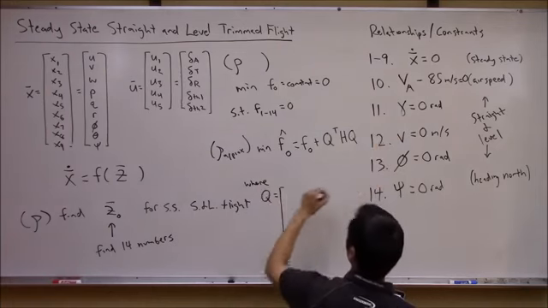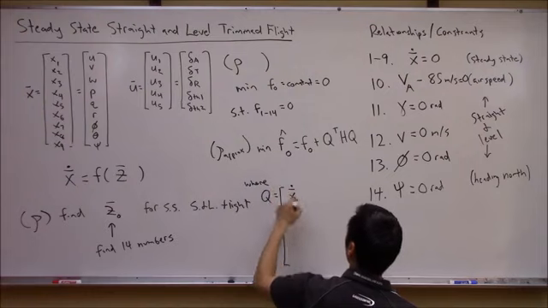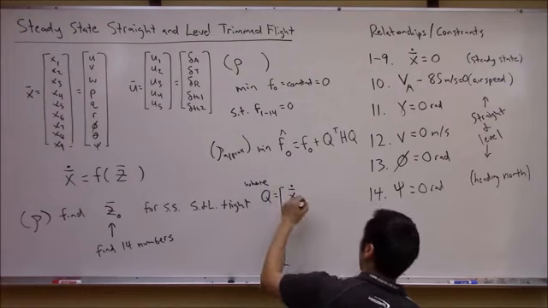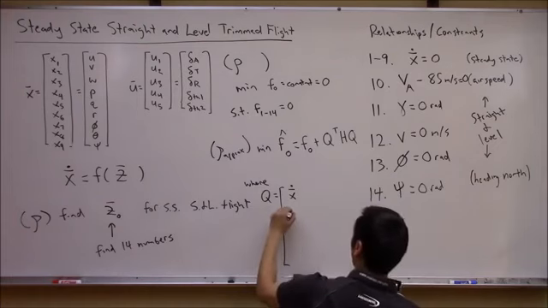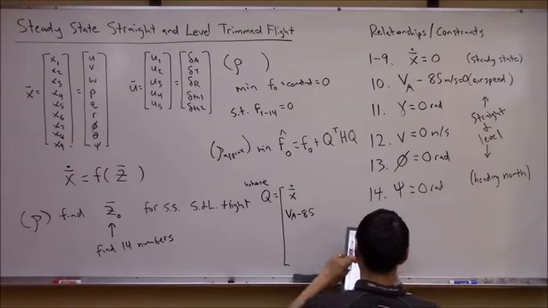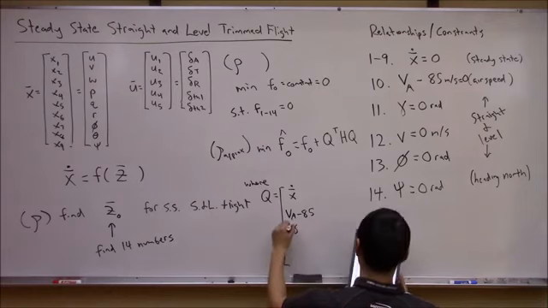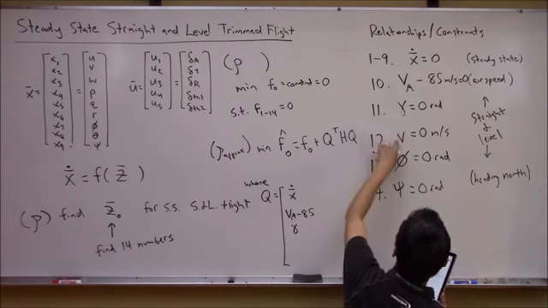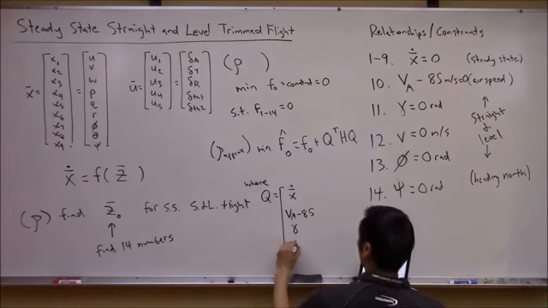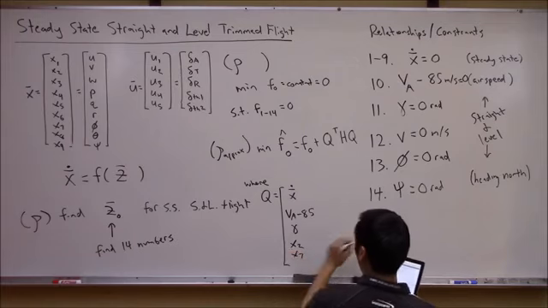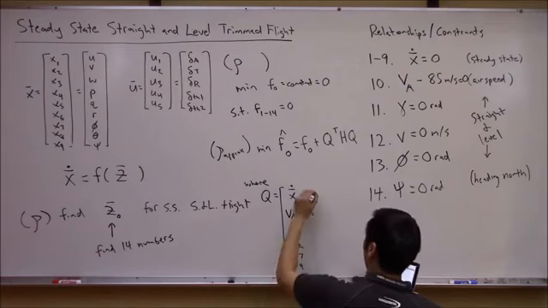This is going to be x dot, the first 9 elements, and then we stack in VA minus 85, and then gamma. Gamma is sidewards velocity, so that's actually x2, and then phi was x7, and psi was x9.